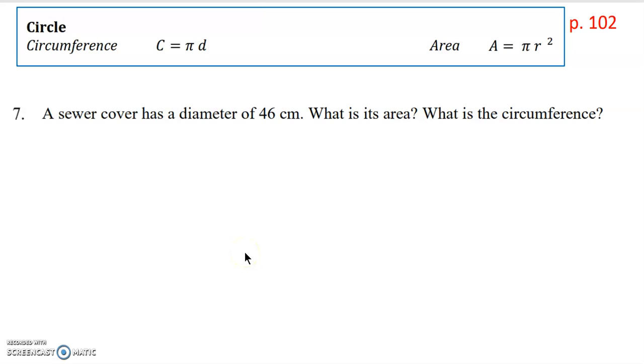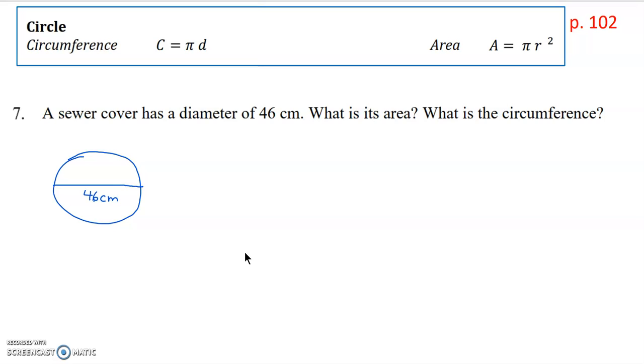For question number 7, a sewer cover has a diameter of 46 centimeters. So I'm going to draw that cover, make my diameter 46 centimeters. What is its area? What is its circumference? Okay, so I want to solve for both of these.